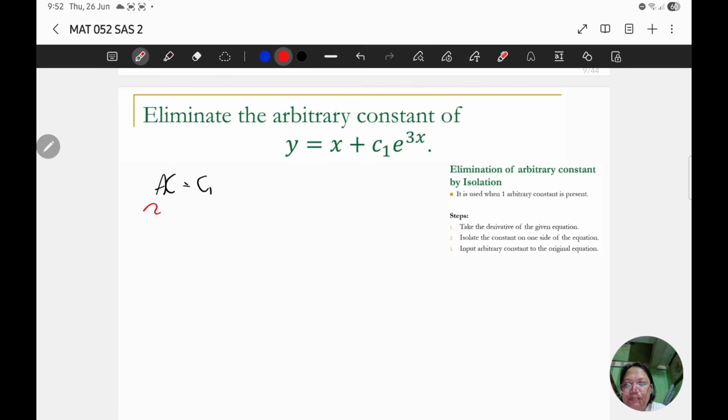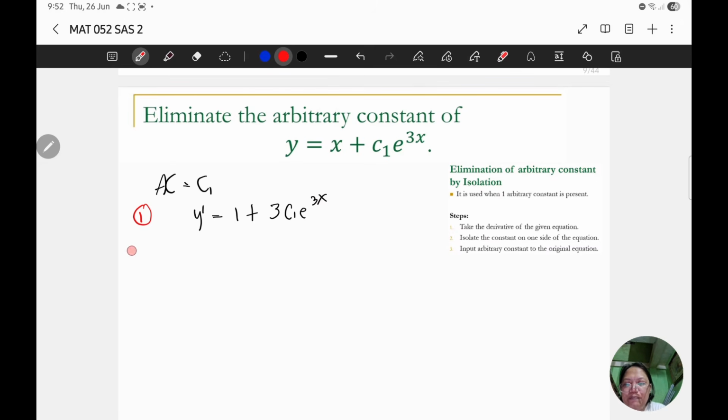So what is the first step? You derive the equation once. So what is the derivative of y? The derivative of y is y prime. And the derivative of x is 1. The derivative of c sub 1 e to the 3x is 3 c sub 1 e to the 3x. Okay?